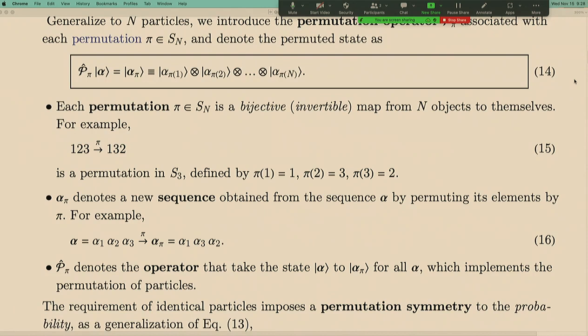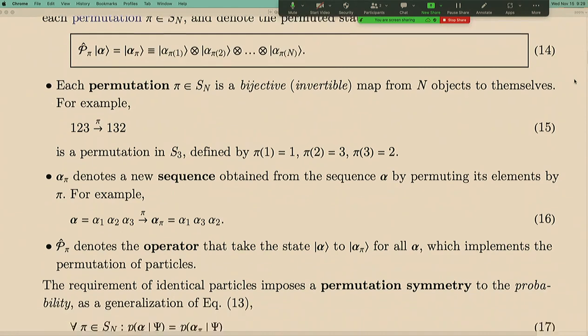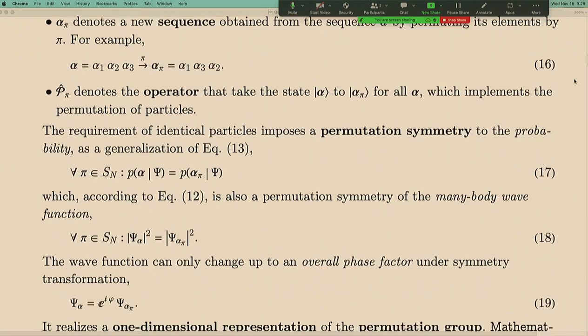This is the description of this operator. This operator itself is not directly the mapping, but it is an operator associated with this mapping. That allows you to convert this state vector to a new state vector, and this operator actually implements the permutation of particles. Is that okay? So that's what I want to say about the permutation operator.